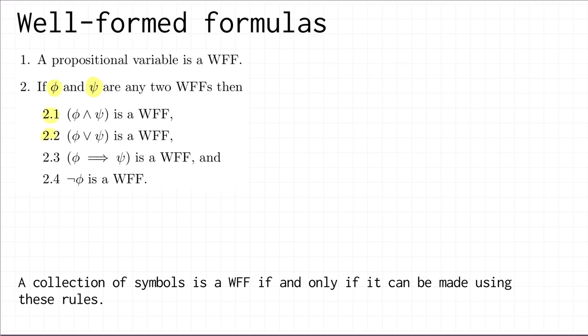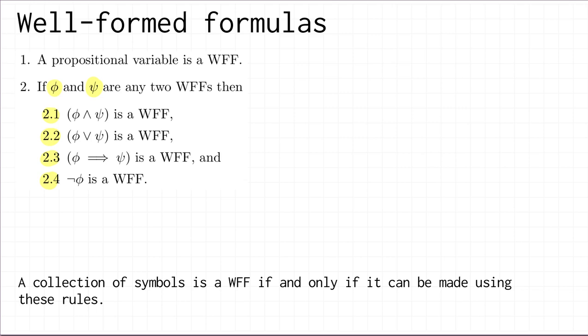That's rule 2.1. Rule 2.2 is that brackets phi or psi, close brackets, is a well-formed formula. 2.3 says that brackets phi implies psi, close brackets, is a well-formed formula. And rule 2.4 says that not phi is a well-formed formula.